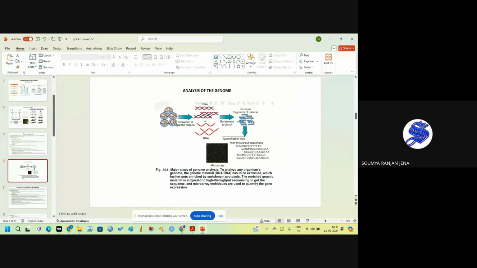After the breakdown of the DNA, we do the overlap. By this overlapping, we can find out the genome sequence of the DNA, or we study the expression of the RNA by microarray protocols.